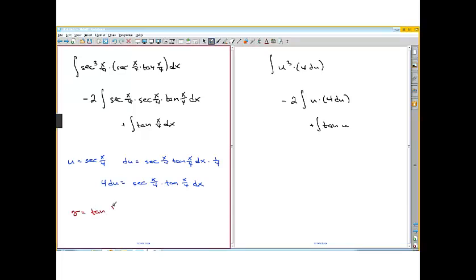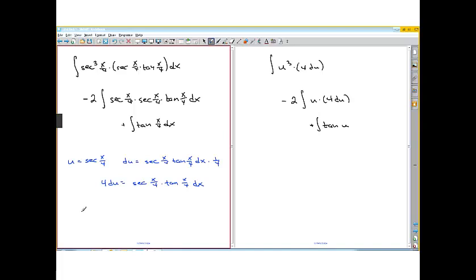We'll call that v. V is equal to the tangent of x over 4. So dv is equal to the derivative of the tangent. Well, now we don't have to worry about that. Or do we? Yeah, I guess we do. Okay. So dv is going to be equal to, no, we don't have to worry about that. Because if we go to page 383, you'll see that the integral of the tangent of u is, well, yeah, sorry.